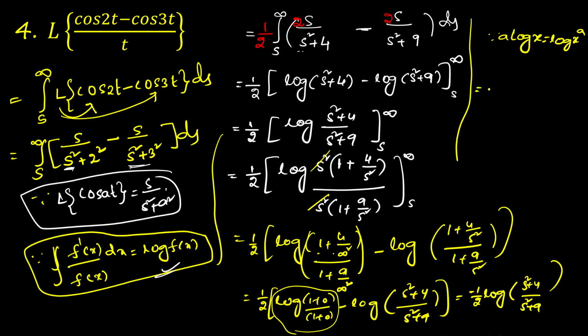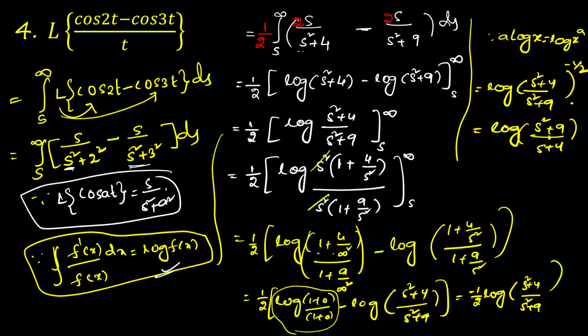So like that, log of s square plus 4 by s square plus 9, all to the power of minus 1 by 2. Remove this negative sign of the power by taking the reciprocal: s square plus 9 by s square plus 4, all to the power of 1 by 2. Or we can write log of square root of s square plus 9 by s square plus 4. So this is the way.